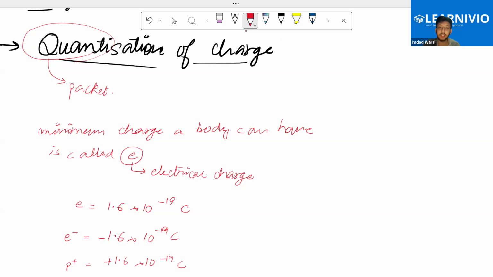This E, electrical charge, is the fundamental, the elementary unit. You can write it down also.